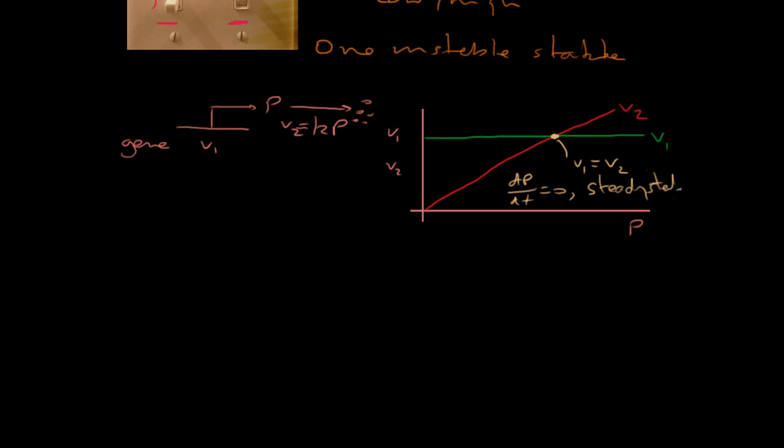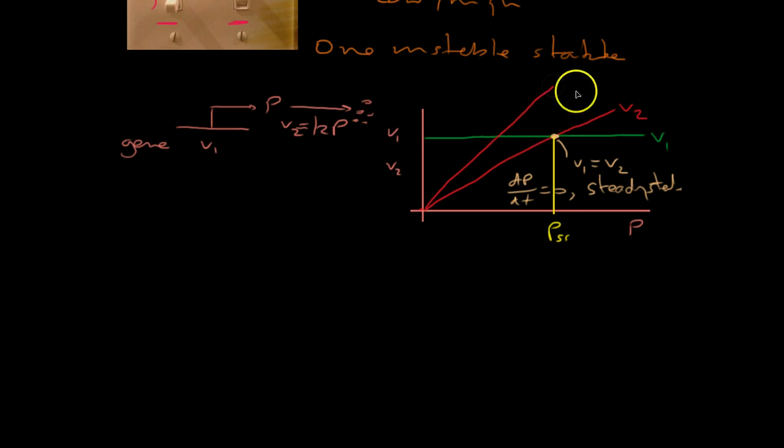Now if I can drop a line down from here, that is the steady state concentration of P for this system. I can move this steady state point just by changing the slope of this line.